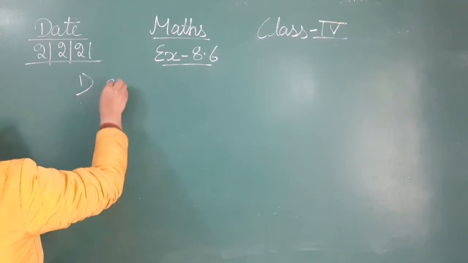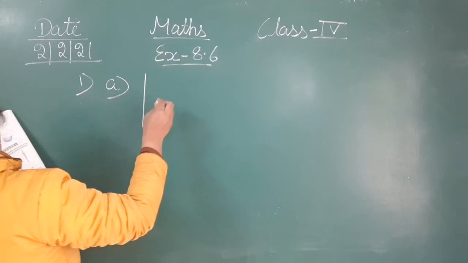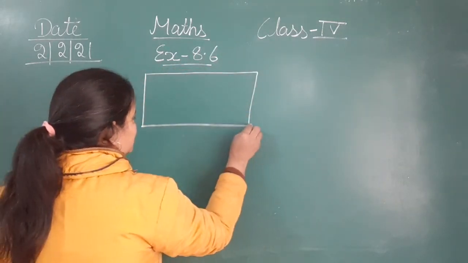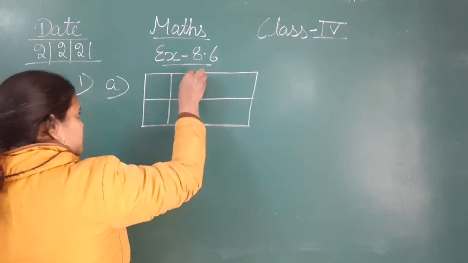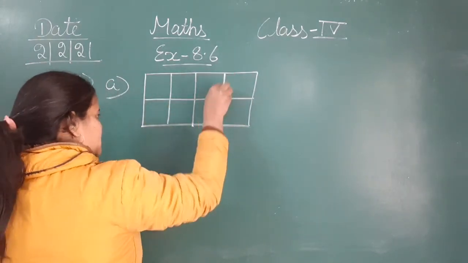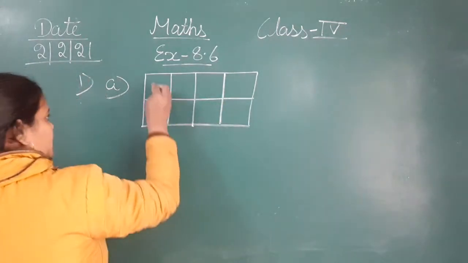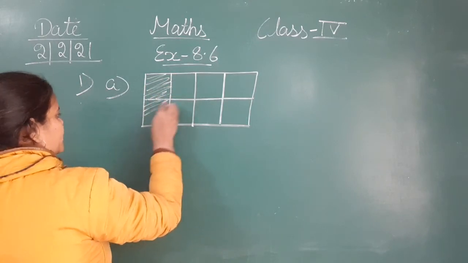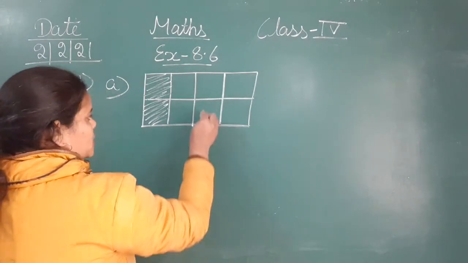In the A part, a figure is being drawn which is divided into 8 squares, जिसको कि 8 squares में divide किया गया है. 2, 4, 6 and 8. So these are 8 squares. इसको दो colors में, this is colored gray and the second is purple.